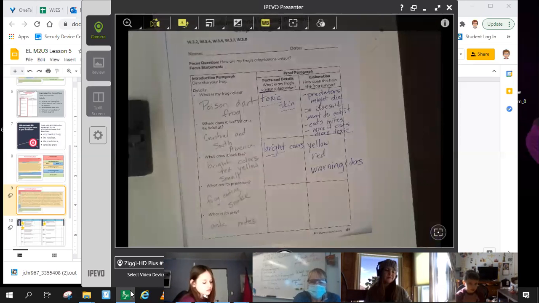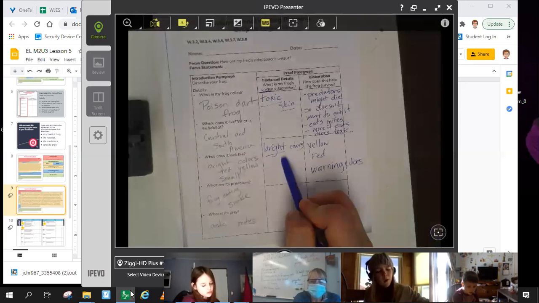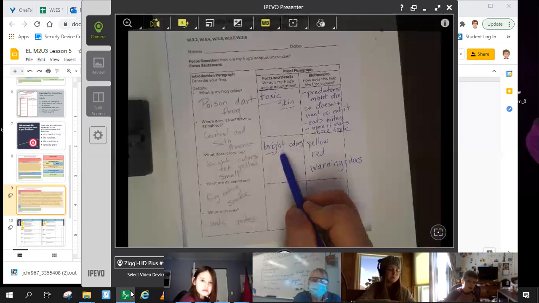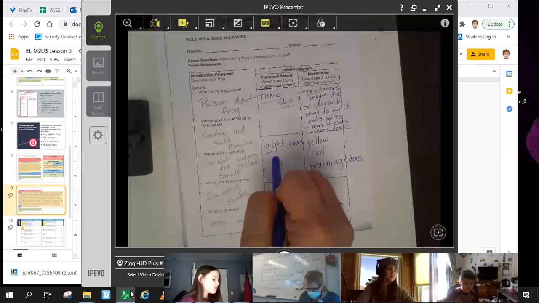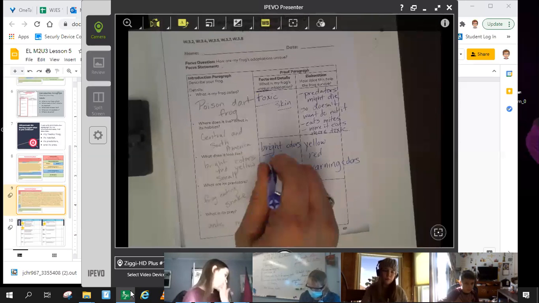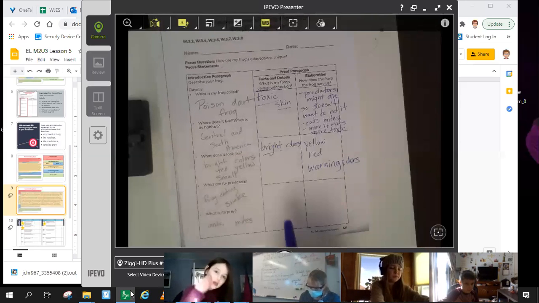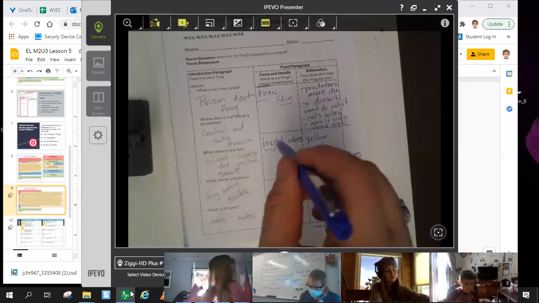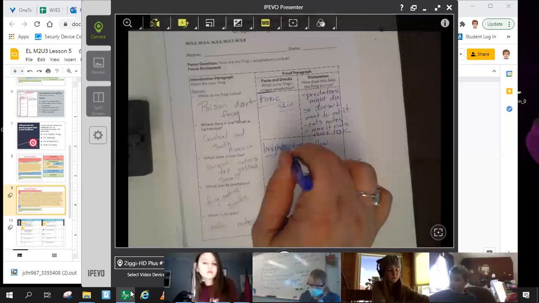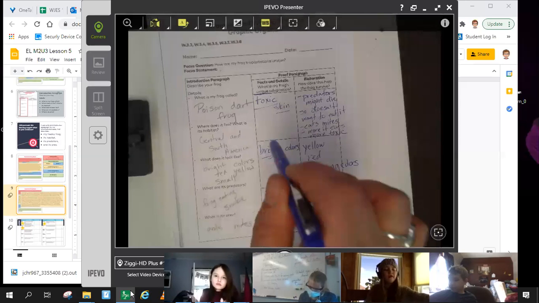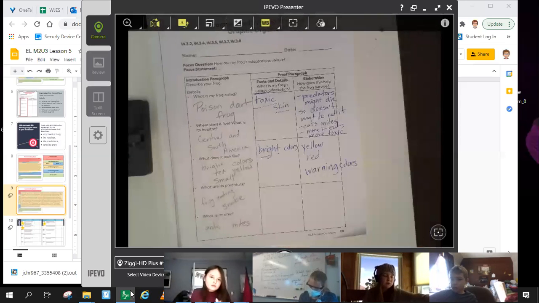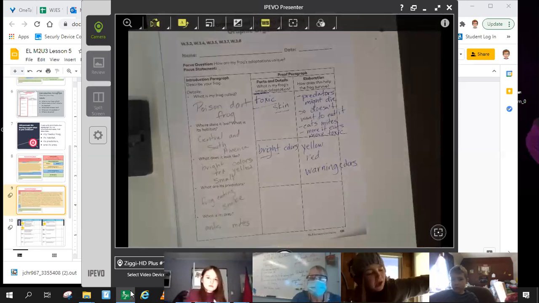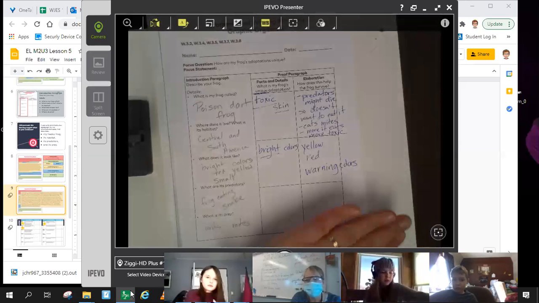All right, can that poison dart frog change his color? No. Is he in charge of what color he is? No. Is he just born that way? Yes. So physical adaptations are things you can't change: how they look, what body parts they have. It's not behavior. We're going to leave behavior down here.